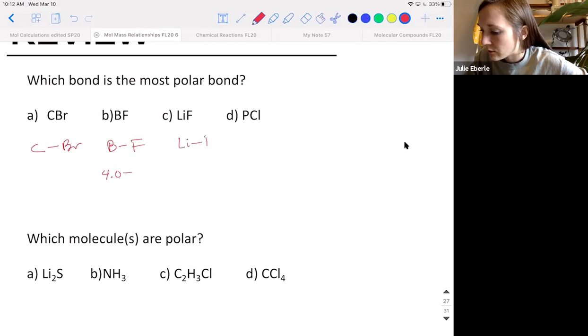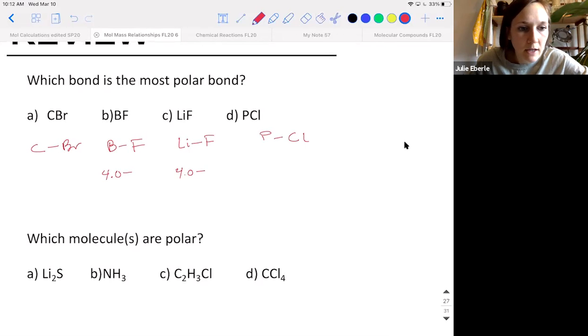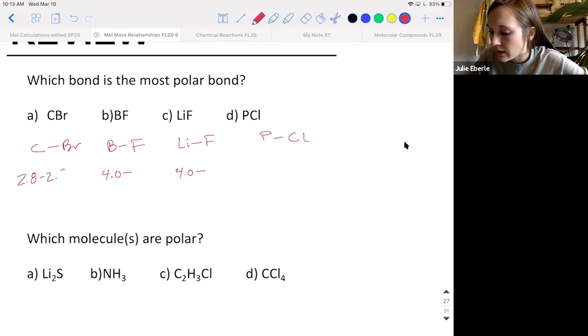Lithium and fluorine, that one's going to be 4.0 minus whatever lithium is. And then phosphorus bonded to the chlorine. Anybody have the chart? Okay, bromine, Kyle says bromine is 2.8. So we got 2.8 minus 2.5. That's a difference of 0.3. What is boron?